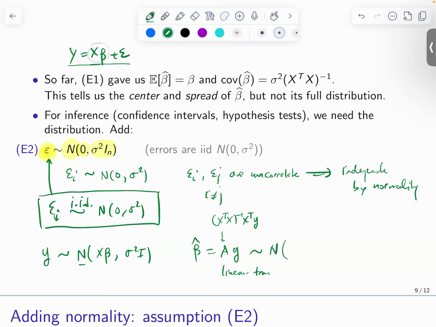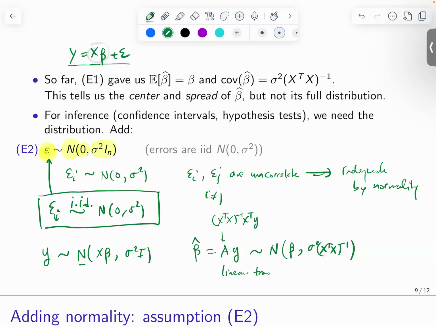So this is going to be normal as well by the affine transformation property. And I know the mean and the covariance. So what's the mean? You calculated the mean: beta. And the covariance: sigma squared (X transpose X) inverse. Okay, so you have the full distribution of beta hat now. Again, the only thing that we added here is normality, which just passes through from Y to beta hat.